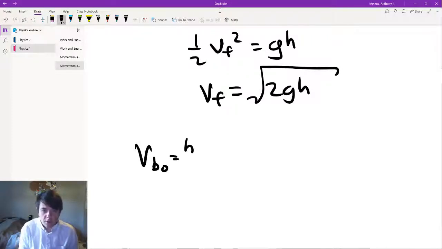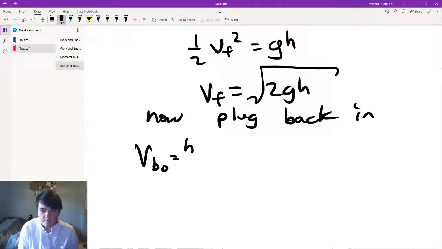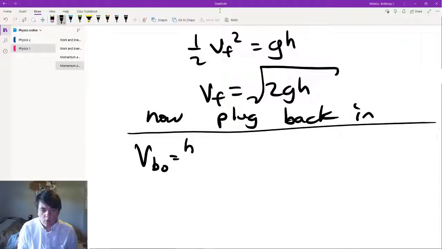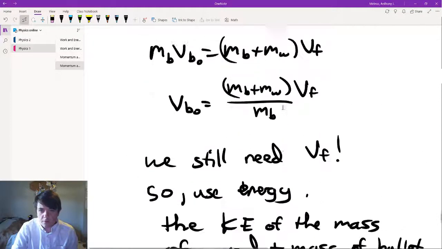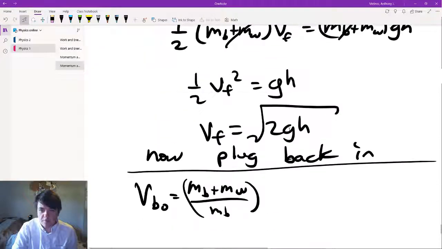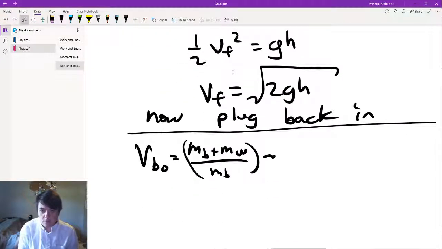So now we plug back in. So we had our MB plus MW over MB, I believe, times our V final, but our V final is square root of 2GH.